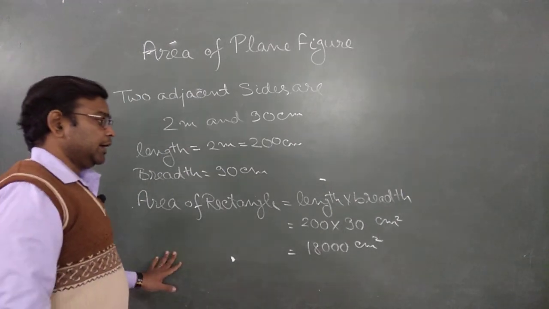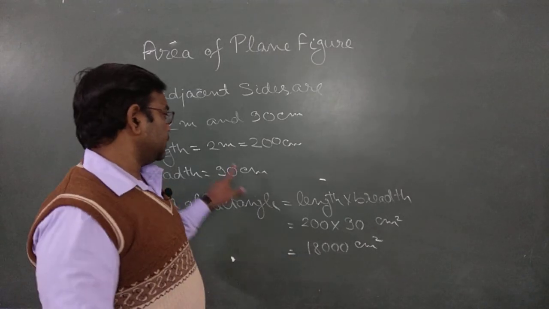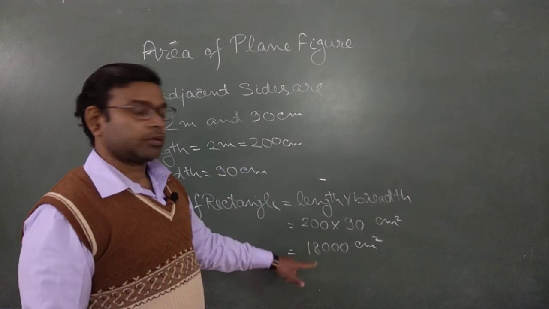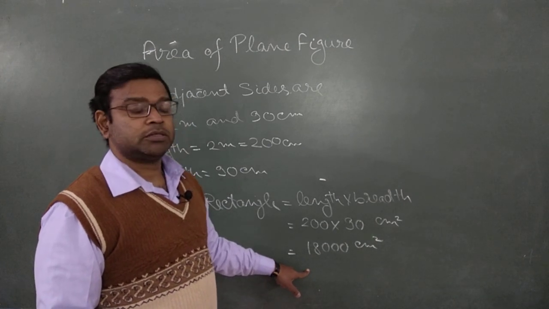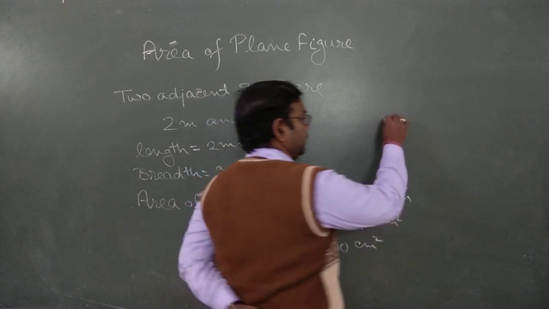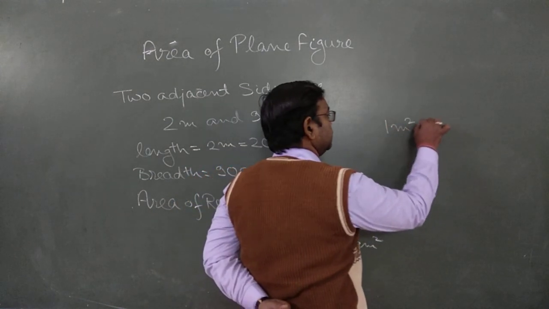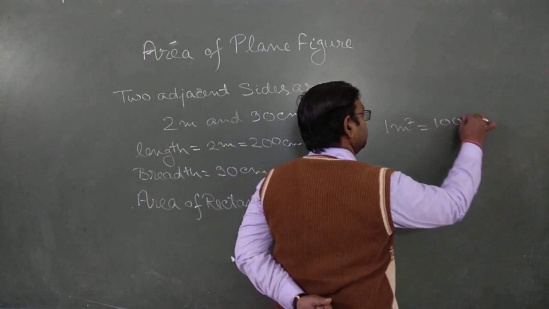That is the answer. And as we know, in 1 meter square we have 10,000 centimeter square. Always remember that in 1 meter square there are 10,000 centimeter square.